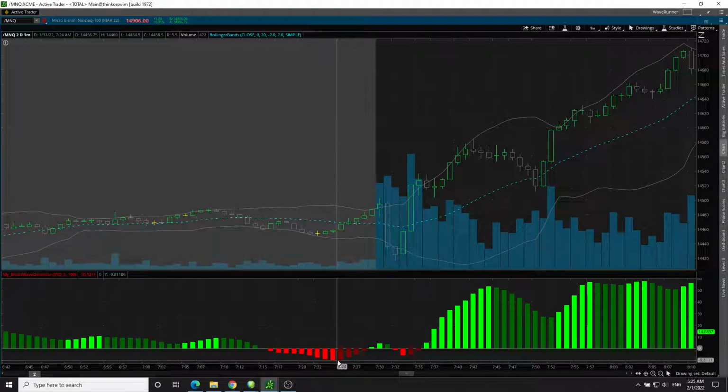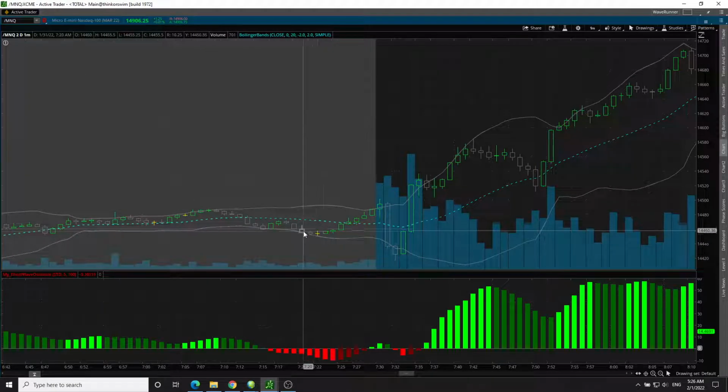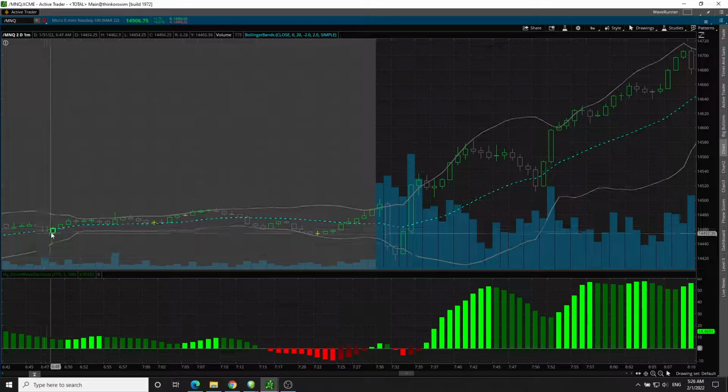Oftentimes you hear me talking about this Elliott wave oscillator, or enthusiasm oscillator as I like to call it. You do have divergence right here. You've got this low put in, the price goes up into the open, pulls back down below this consolidation area and this low, and there's more consolidation here.